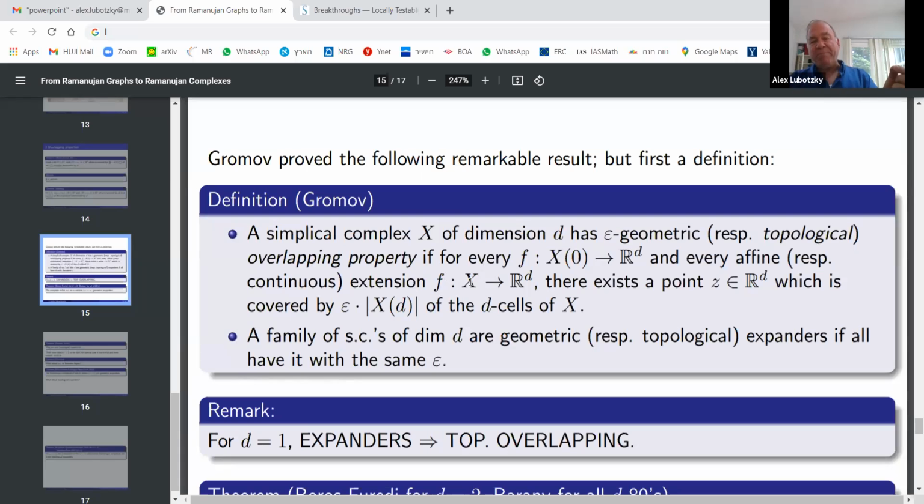Once you have a map from the points of the simplicial complex to R^d, you can extend it to the lines between them in a linear way, you can extend it to the triangles, etc.